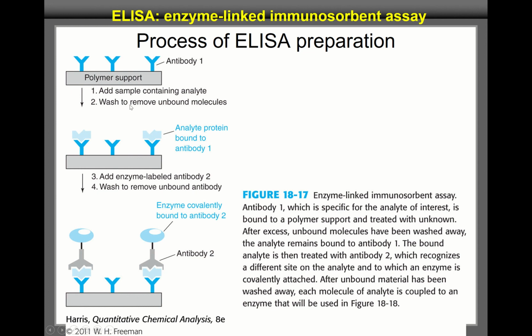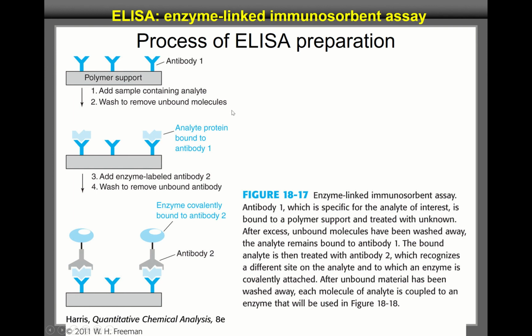And then you add a sample containing analyte, but very unfortunately this sample contains not only analyte but also many other molecules. And analyte concentration is extremely low. Your purpose is to specifically determine this analyte concentration.